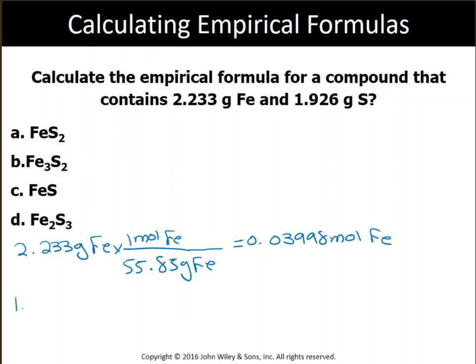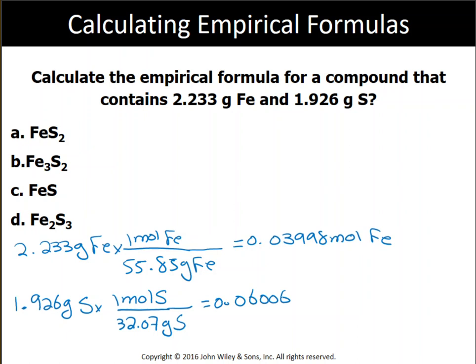Now for sulfur, we have 1.926 grams of sulfur, and each mole of sulfur is 32.07 grams of sulfur, which gives us 0.06006 moles of sulfur.